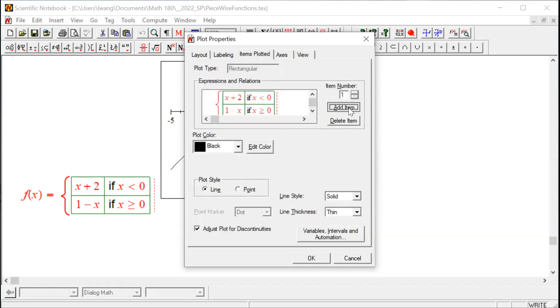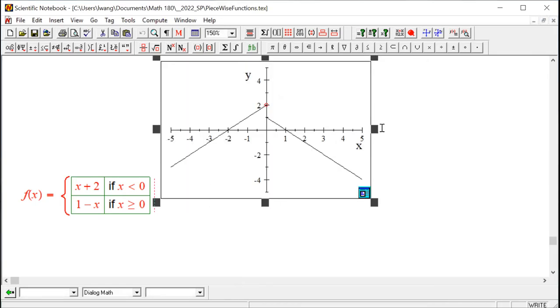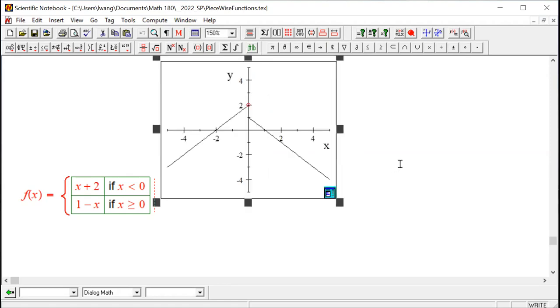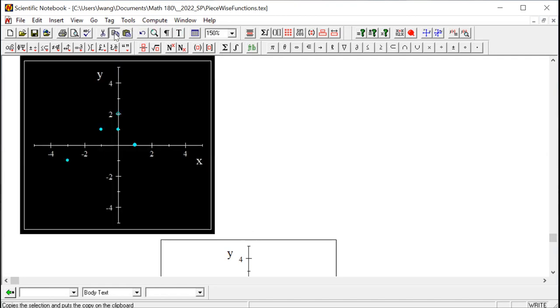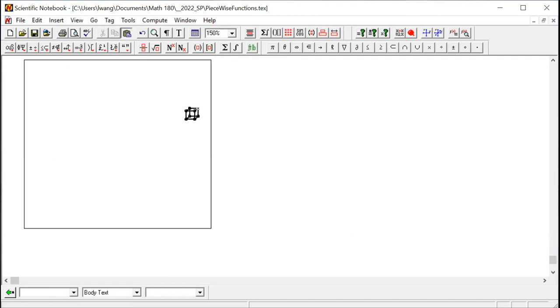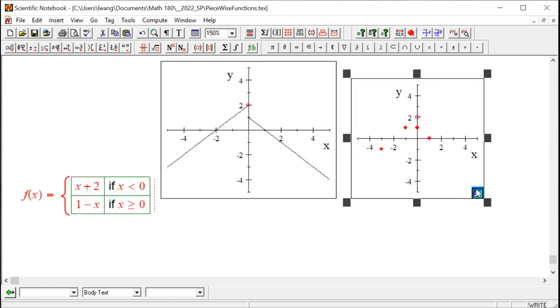Okay, and I would need a circle. So this is a complete picture of this piecewise function. If we want to put the points we did before, we can.